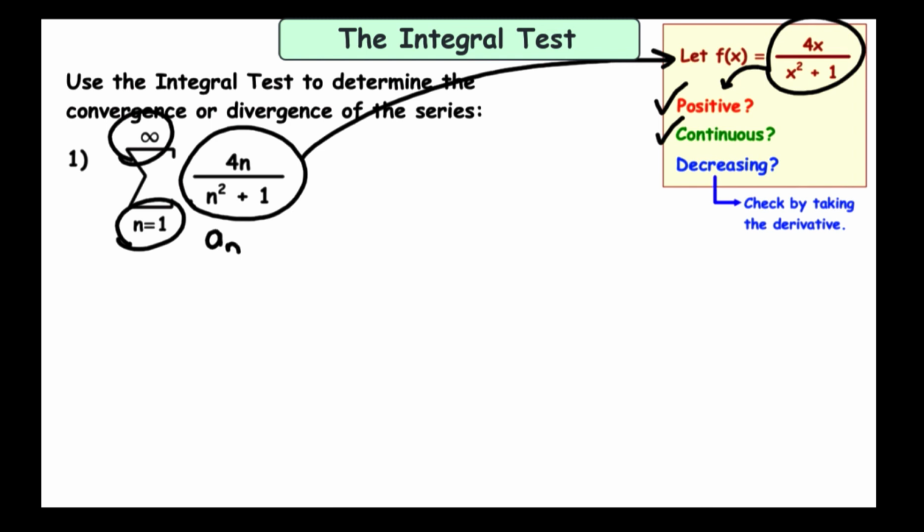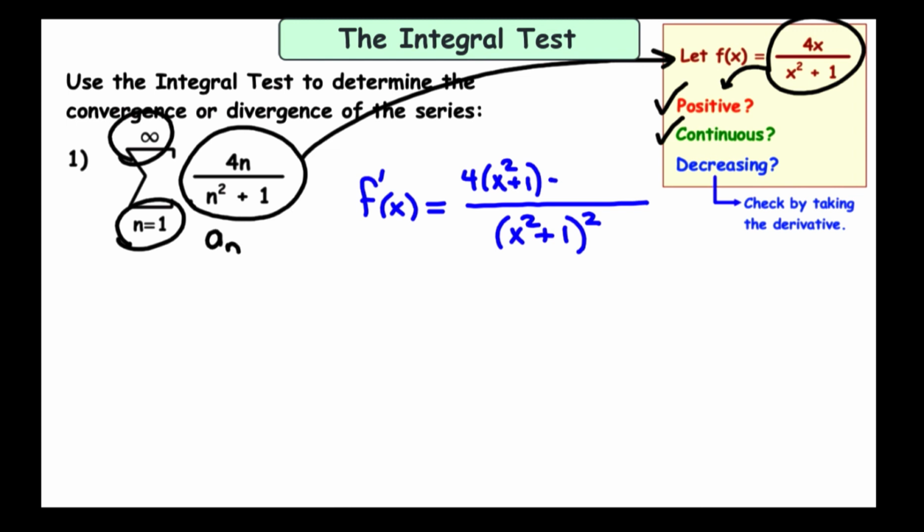Okay, when you take the derivative, unfortunately, it's a quotient rule. Good review of chapter 2 again. I've got the v squared, u prime v minus u v prime. Okay, let's see what that makes.